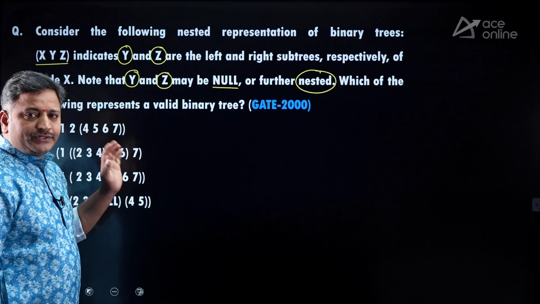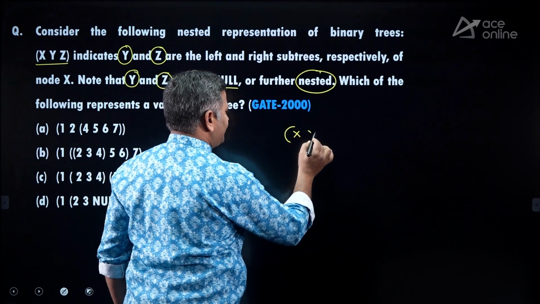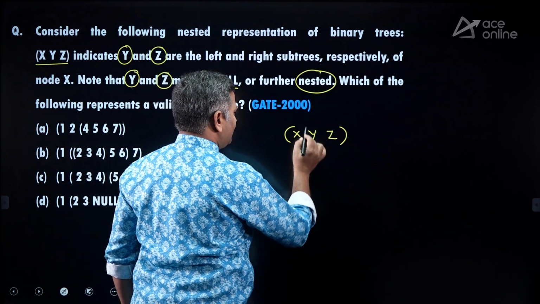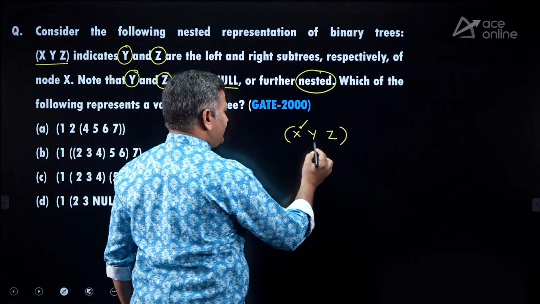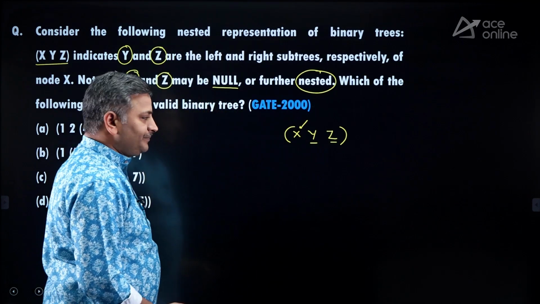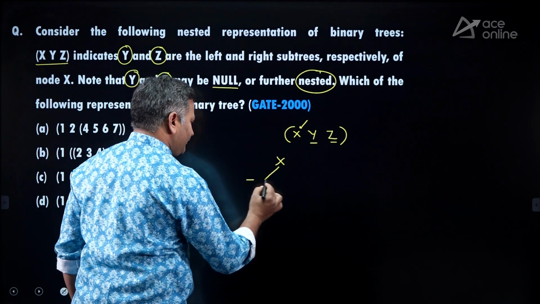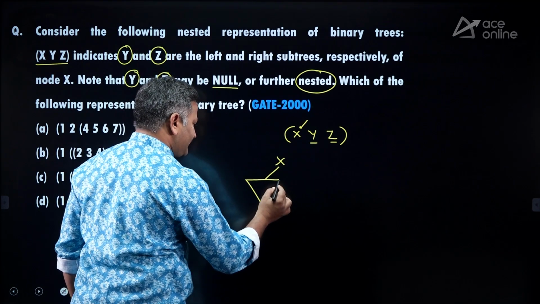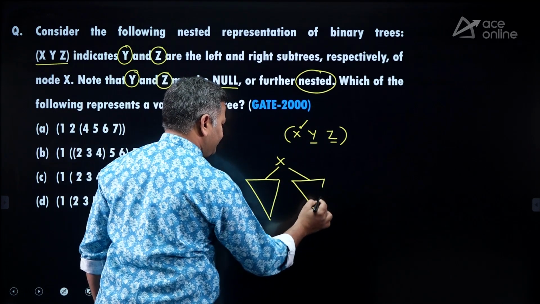See, the basic idea of this question is, if you take parenthesis x, y, z, where x indicates the parent, and y comma z are the left and right subtrees. So it looks like this: x is the parent, where y represents the left subtree and z represents the right subtree.